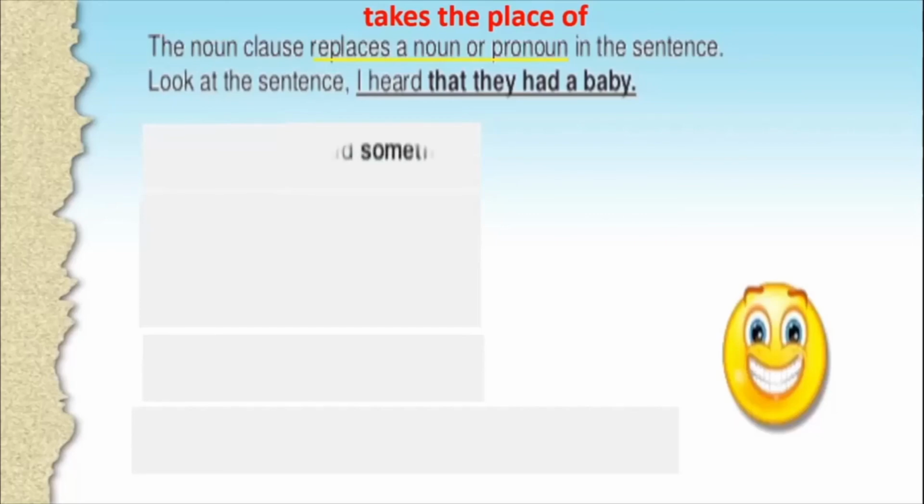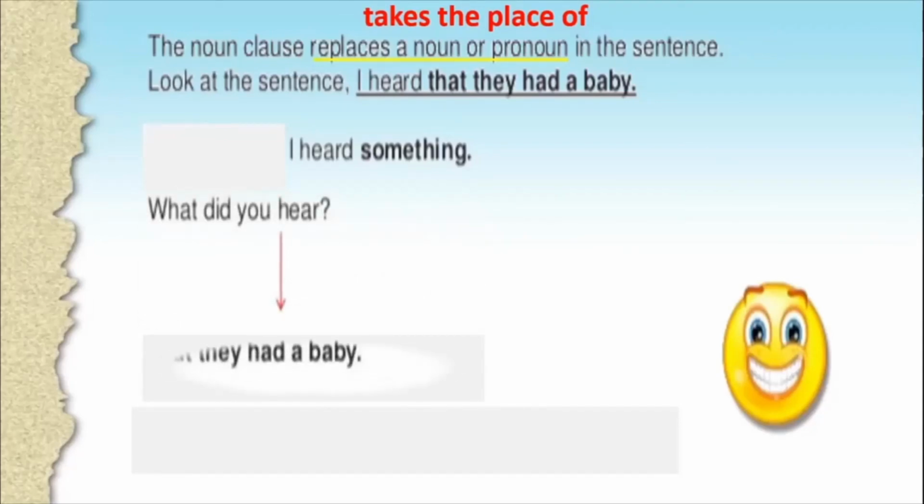Let's see how we can rewrite the sentence. Instead of saying I heard that they had a baby, I can also say I heard something. What is the something? What did I hear? I heard that they had a baby.